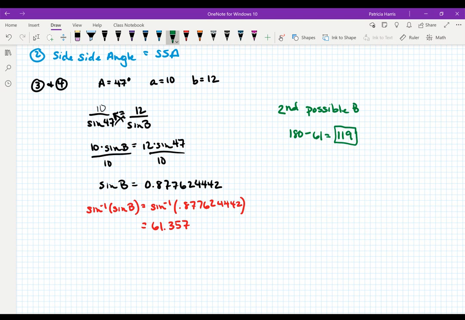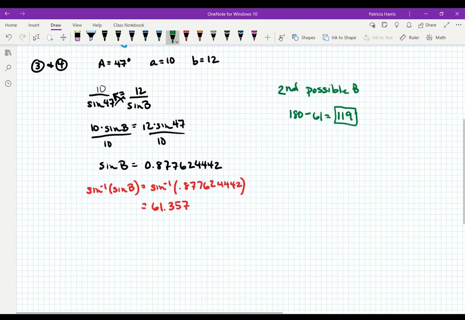Now, your limit on the degrees for a triangle is 180. Since you're in those first 2 quadrants, you know that you can get an angle small enough that it'll still get you 180 when you add, and not go over.